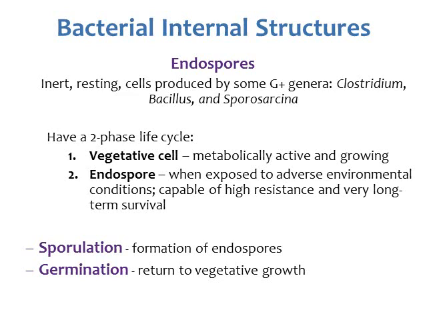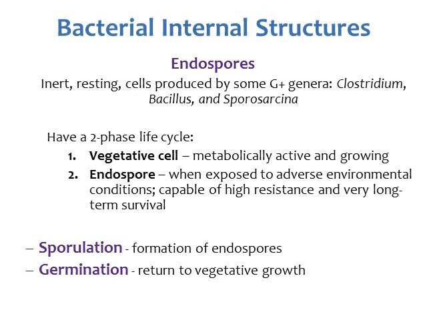So it's these gram-positive bacteria, the Clostridium, Bacillus, Sporosarcina. These bacteria have a two-phase life cycle. When the bacteria cell is metabolically active and growing, that's called the vegetative cell. And then the other phase of the life cycle is the endospore.